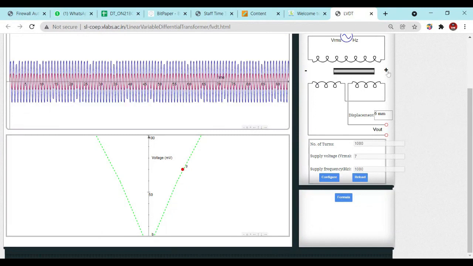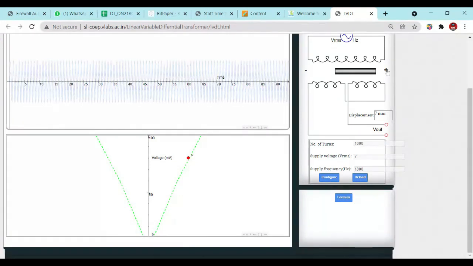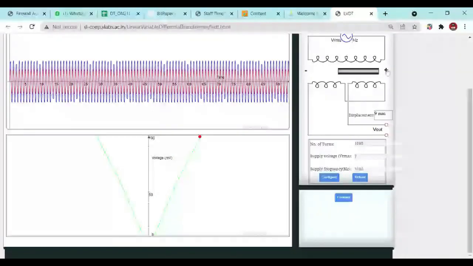In this manner, you will see the displacement of the LVDT. This value reaches 7, and the amplitude also reaches some level. So this is the positive displacement right here.